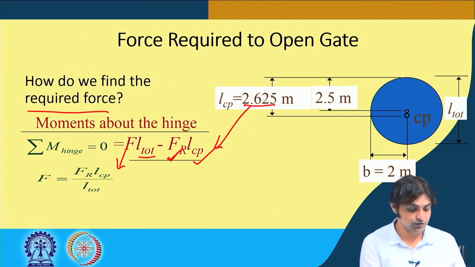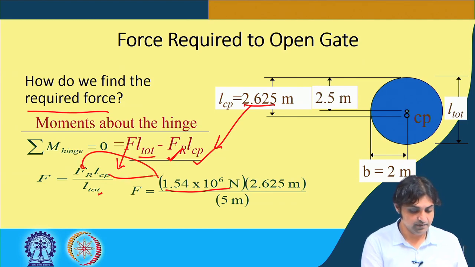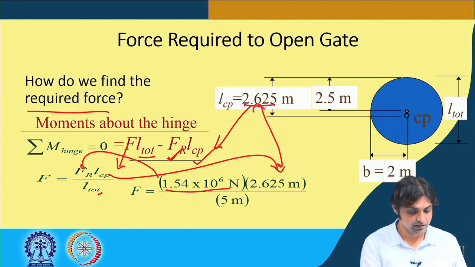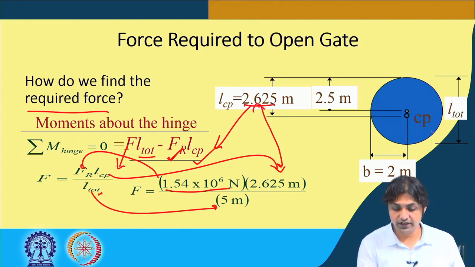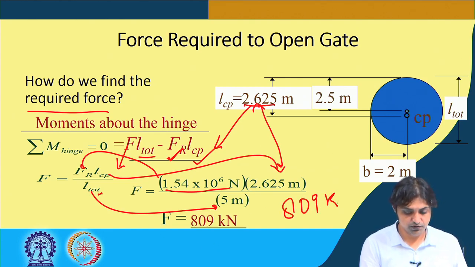So F will be FR LCP by L total, and on substituting the value 1.54 into 10 to the power 6 for FR, LCP is 2.625 as can be seen here, and L total is very simple, it's 5 meters, right? So this value will come out to be 809 kilonewton.